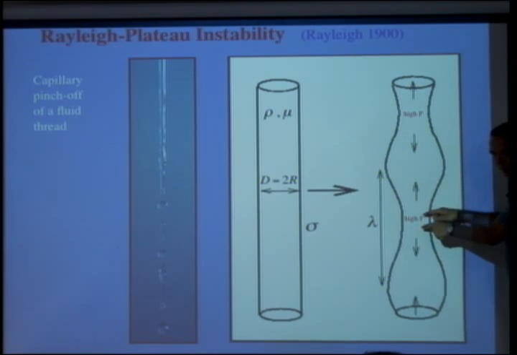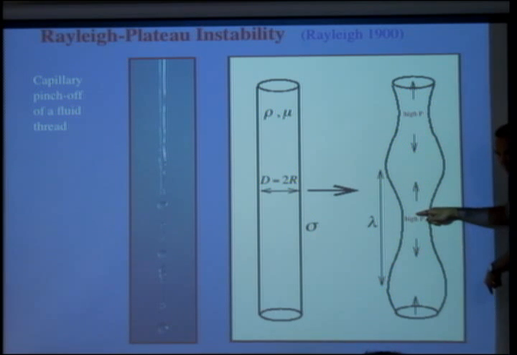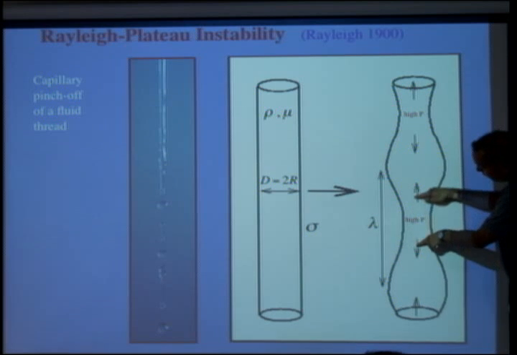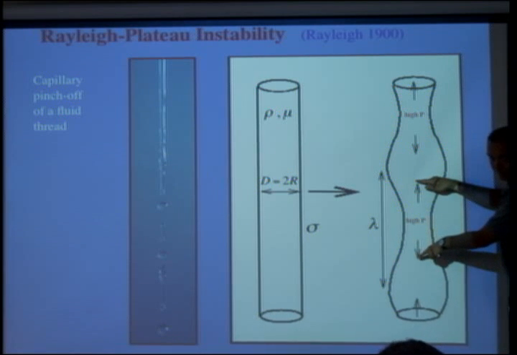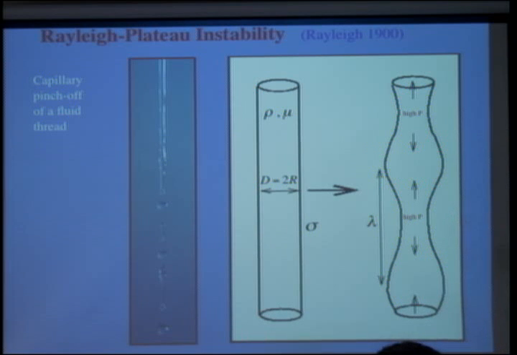That being the case, if you put this perturbation on, it's going to grow, because the pressure is high there, so it's going to force fluid out. So that's the basic mechanism for it. That's a linear argument, which is valid if you have a long wavelength disturbance. And we're going to see that this only works if the wavelength is sufficiently long.